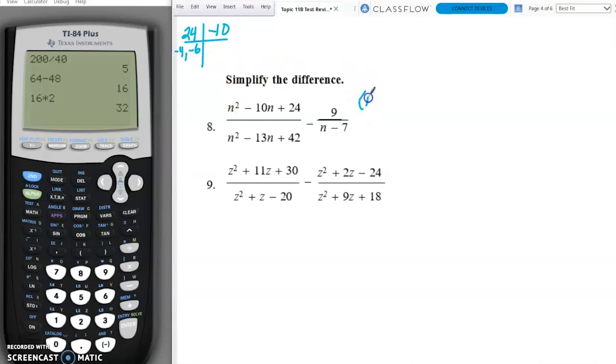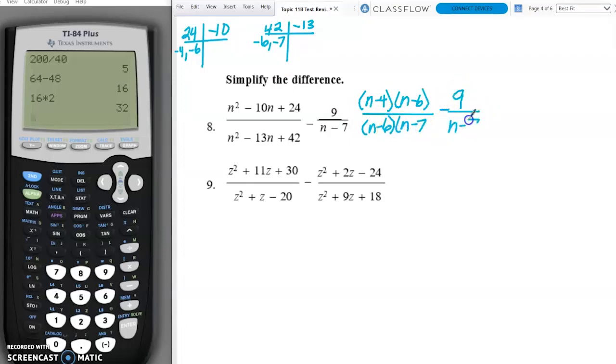So I could rewrite this as n minus 4, n minus 6, over, and let's try to factor 42. We're looking for a sum of negative 13. That would be negative 6 and negative 7. So we're going to say n minus 6, n minus 7, minus 9 over n minus 7.